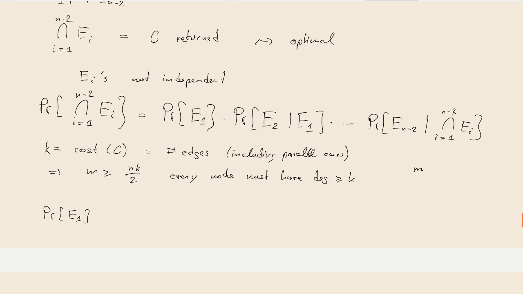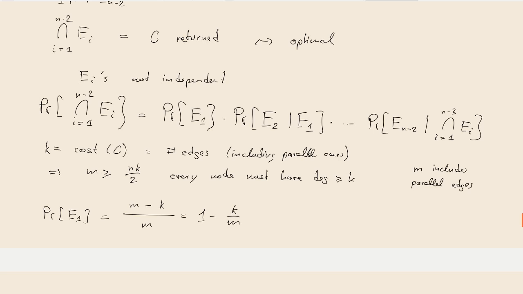So let's write it down. Because what we are using here now is the probability to pick none of the edges in this min cut is just given by this, or 1 minus k over m.